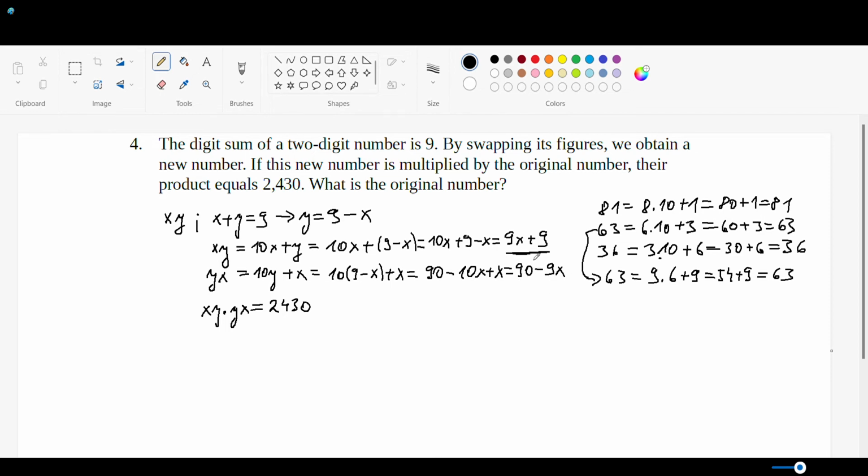Okay, so this is my first expression, this is my second expression. Let's have a look. We swapped the numbers here, so 36. In this case, as we have yx order of the digits, x in this case is number 6. So 90 take away 9 times 6 is really 90 minus 54, and this is really number 36.